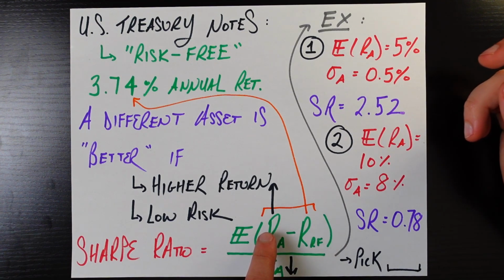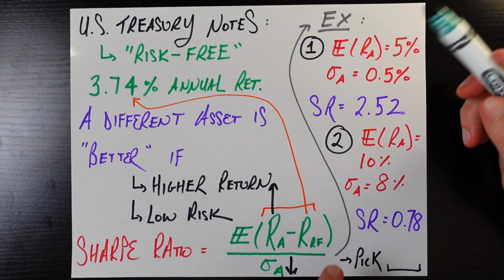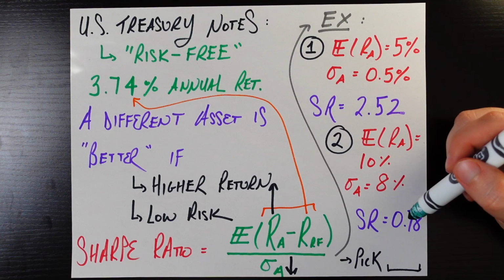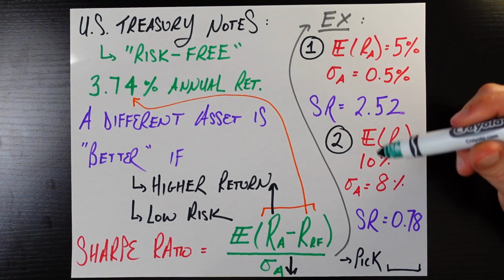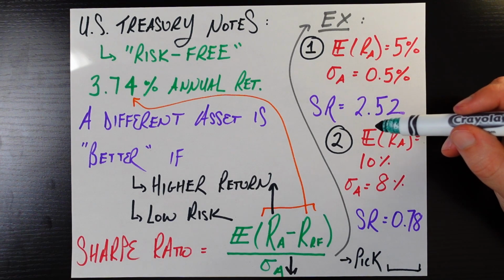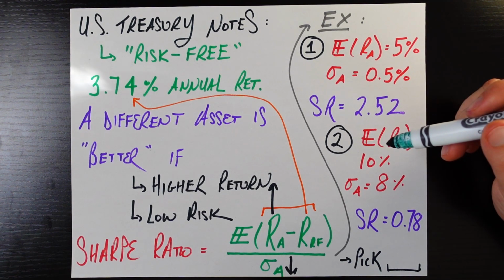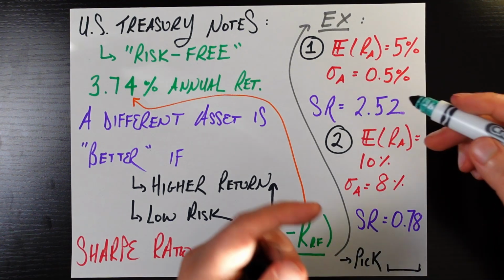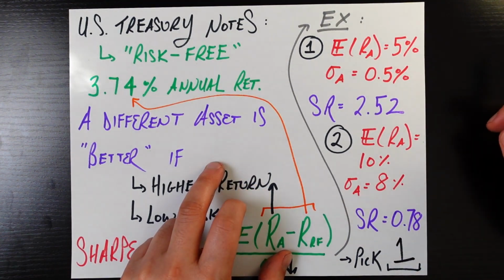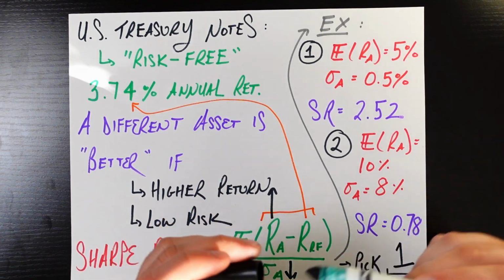That would be 10% minus 3.74%, all divided by 8%, and we get a Sharpe ratio of 0.78, which is not that great and definitely worse than 2.52. So if we were making this decision about whether to invest in 1 or 2 based on the Sharpe ratio alone, you could see here we would definitely want to pick 1. And that is the intuition behind the Sharpe ratio.